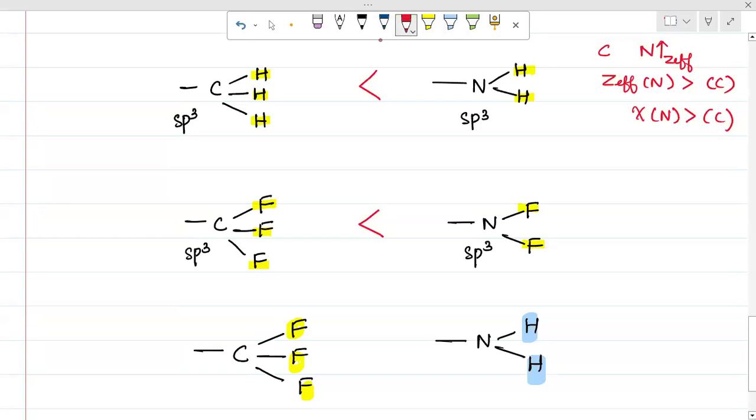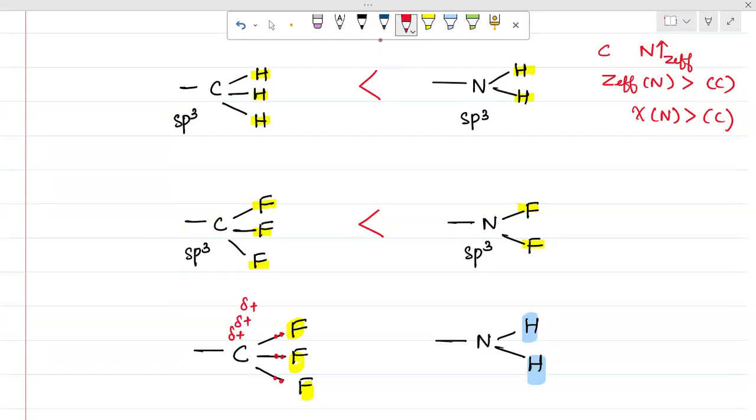Got it. So if that is taken into consideration, what will happen? Listen, in C-F, we know that these bonded electrons will be pulled towards fluorine because fluorine is more electronegative than carbon. Correct? So that will induce a partial positive charge over here, similarly over here as well, and over here as well.